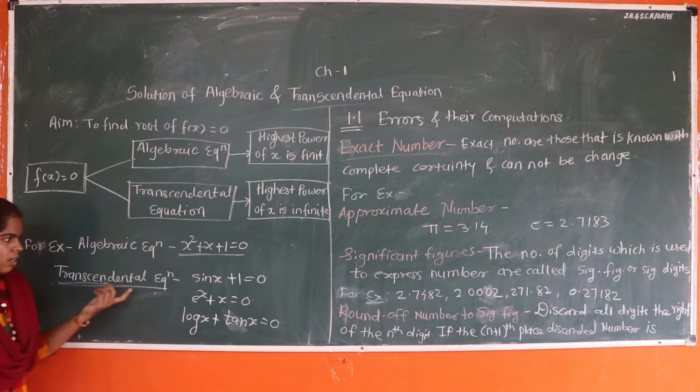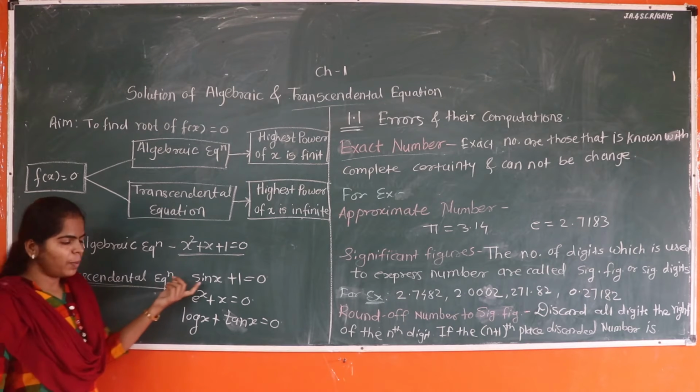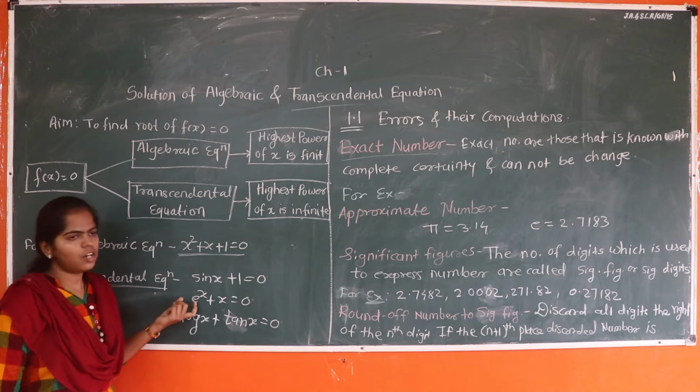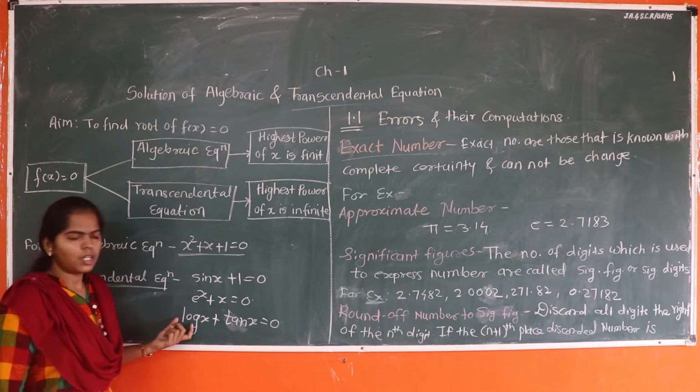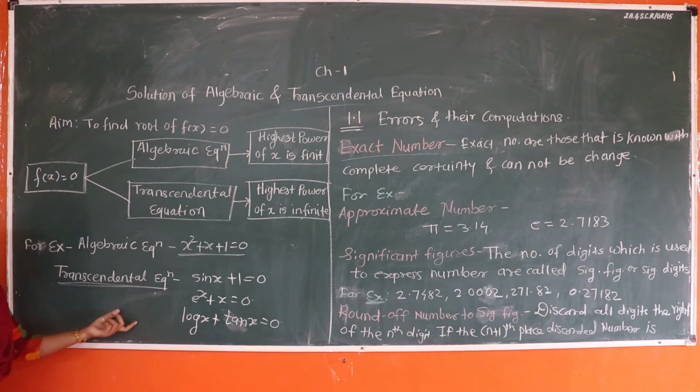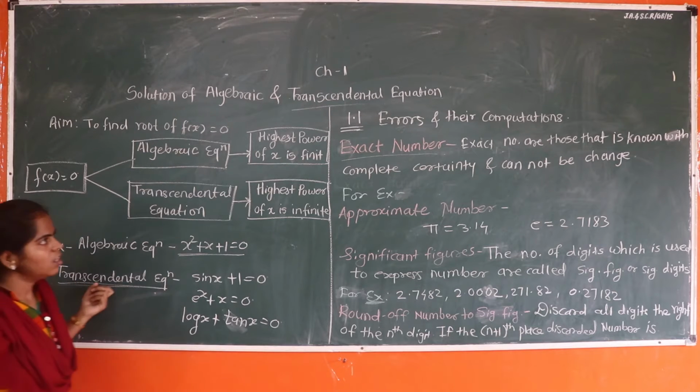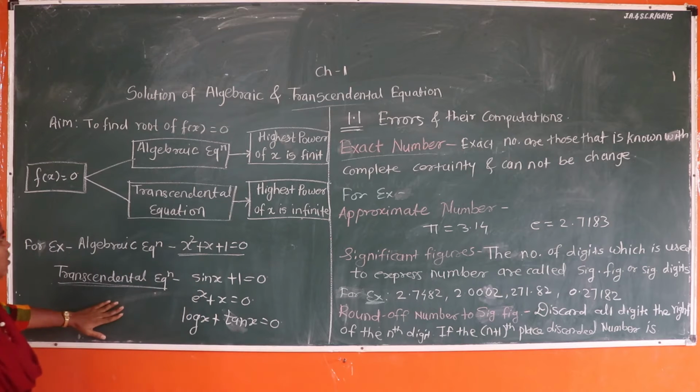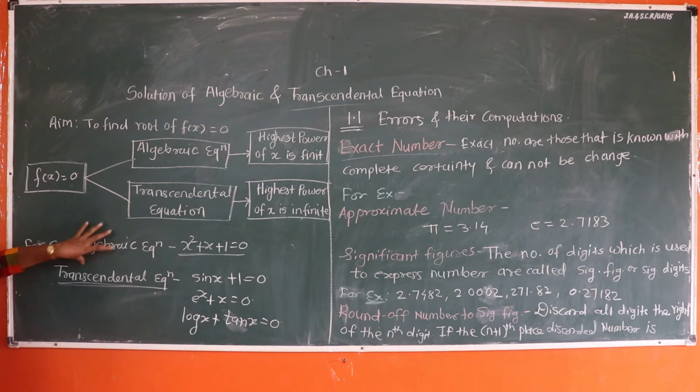It means the equation involves trigonometric functions, exponential functions, or logarithmic functions. This type of equation is called a transcendental equation. This is the difference between algebraic and transcendental equations.